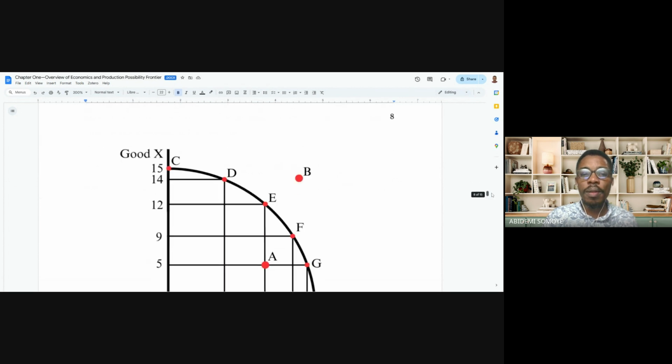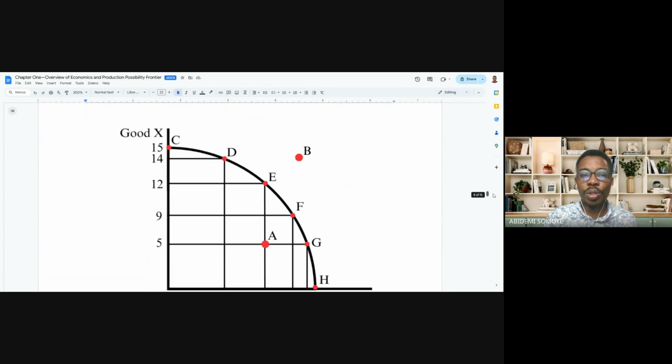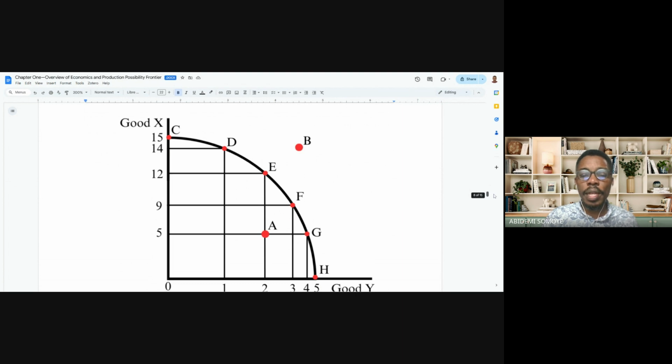So this is the graph that shows increasing opportunity cost. First of all, let me explain some elements in this graph. Every point on this PPF curve, C, D, E, F, G, H, is efficient.